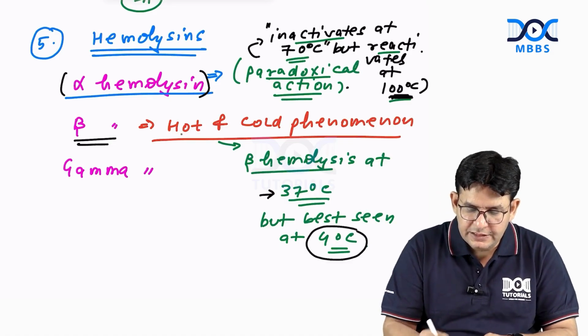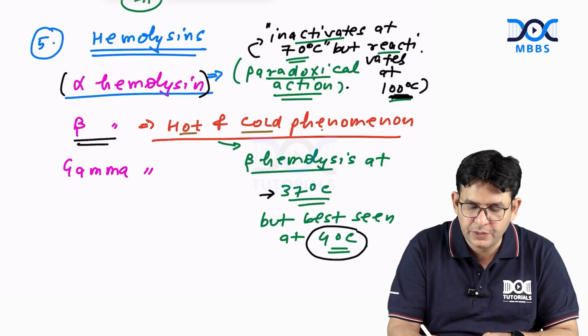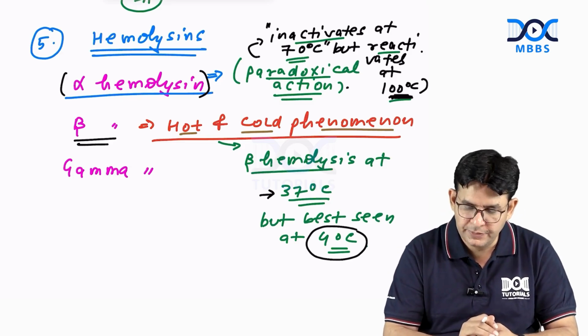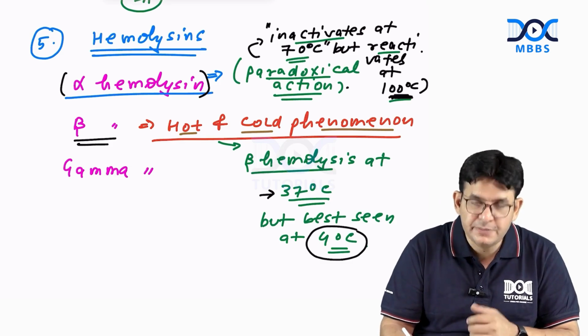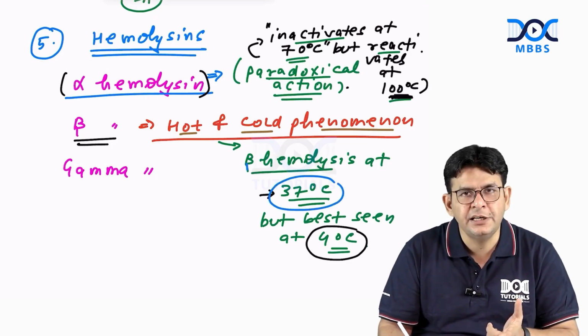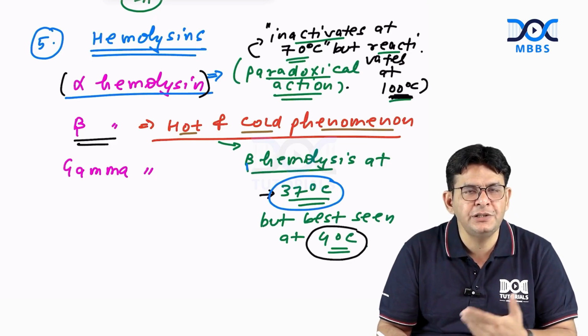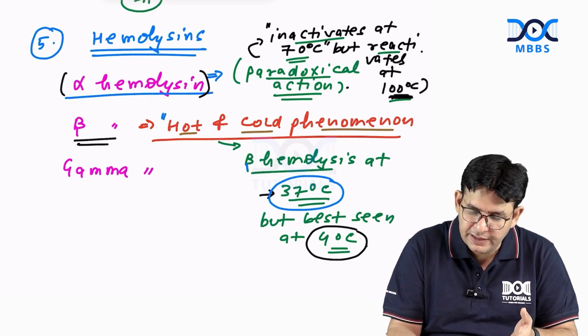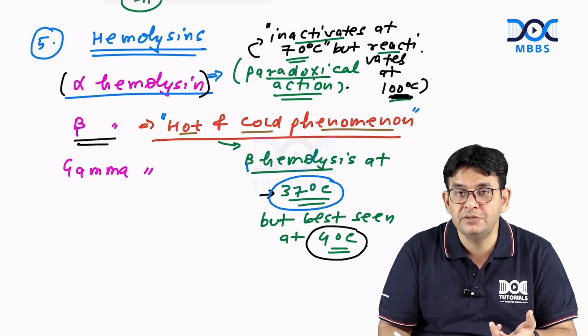You got my point? And this is what is termed as hot and cold phenomena. Beta hemolysis, which is a complete hemolysis, starts at 37 but is best seen at 4 degrees centigrade. This is termed as hot and cold phenomena, shown by which fellow?